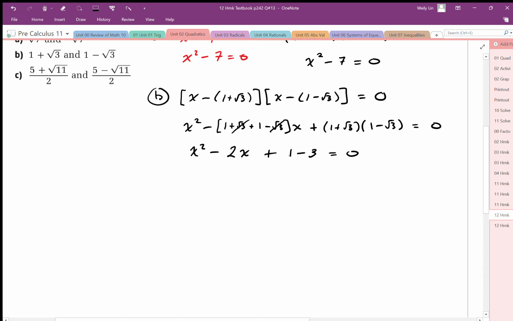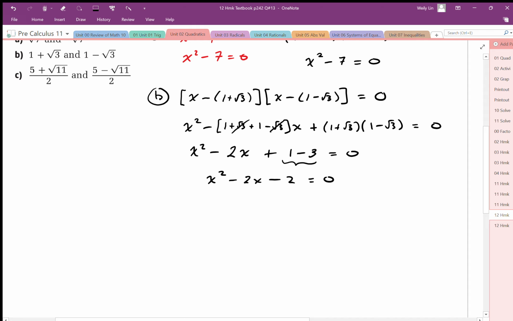And then combining those like terms, I end up with x squared minus 2x minus 2 equals 0. So what I've done is I've taken these two roots, put them in the bracket form, made it equal to 0, and then expanded out those brackets.